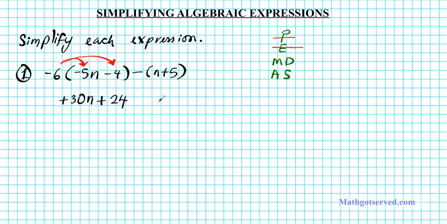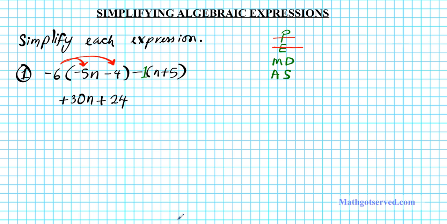Now we are going to be distributing here also. But you might wonder, there isn't a number in front of this parenthesis. So what are we going to be distributing? What we're distributing here is 1. Okay, if you do not have any number, you put 1 there. Okay, because 1 is a multiplicative identity.